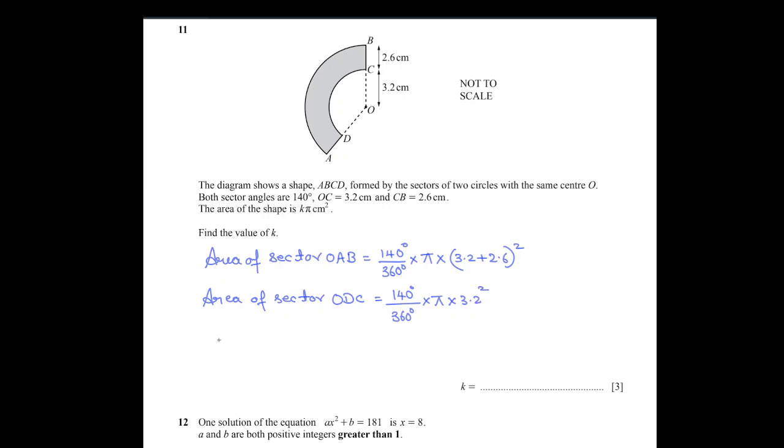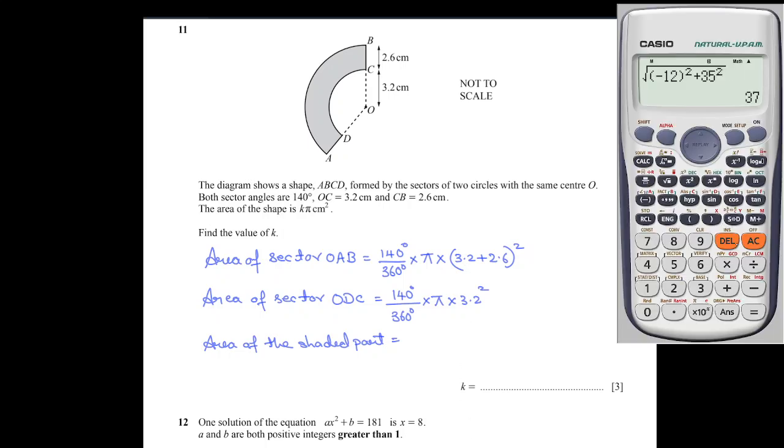Okay, so subtract. So area of the shaded shape, shaded part, is this minus this, the big sector minus the small sector. So for that, let me add these two. 3.2 plus 2.6 is 5.8, and 5.8 square is 33.64.